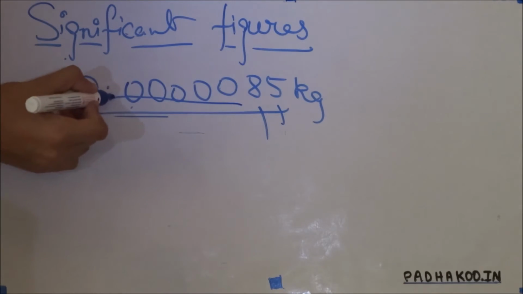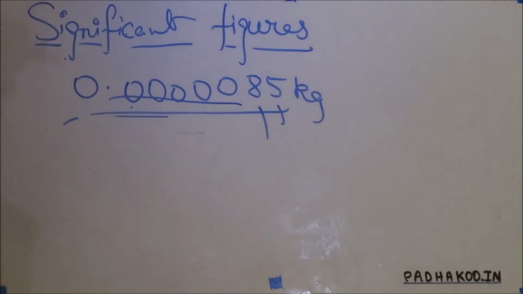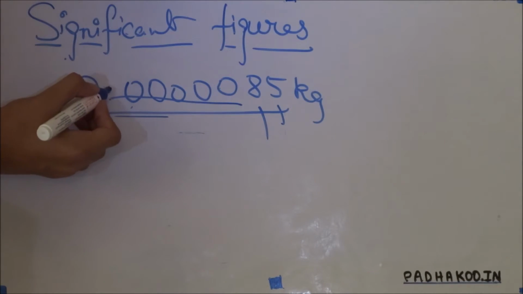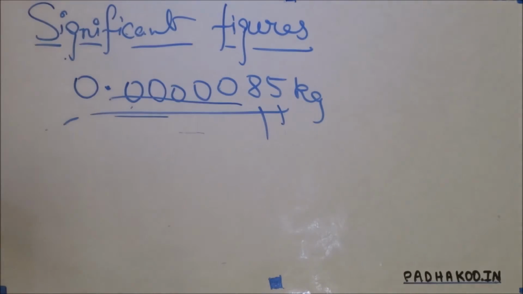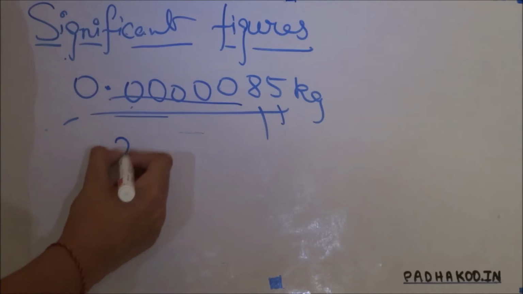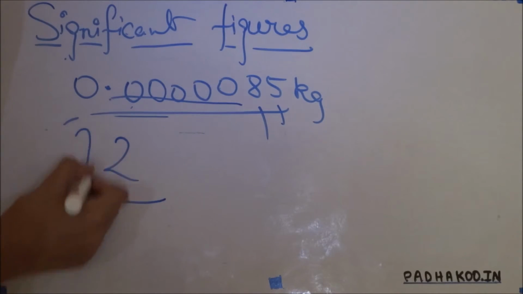These many zeros are only helping in finding out the decimal, how small the value is in exponential terms, not for significant figures. There are only 2 significant digits.